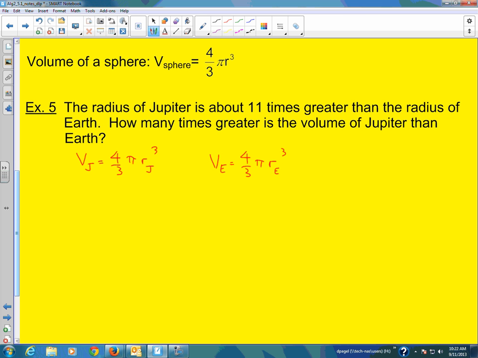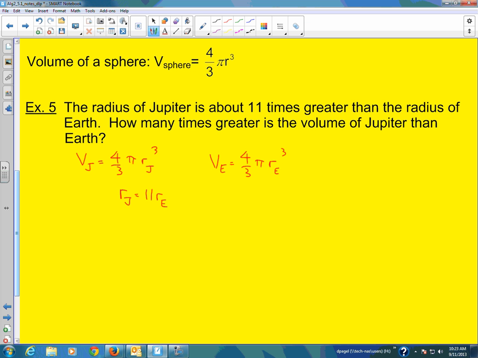But we know that the radius of Jupiter is 11 times that of Earth. So we can say this. The radius of Jupiter is 11 times the radius of Earth. All right.